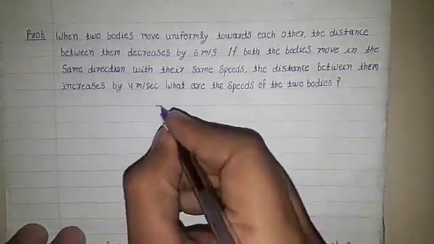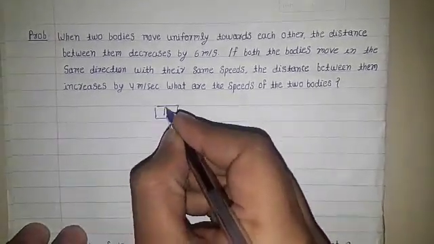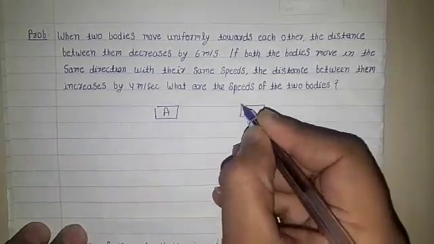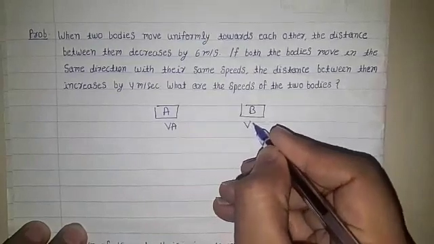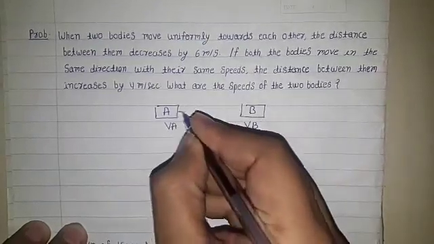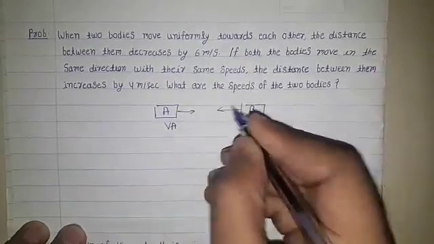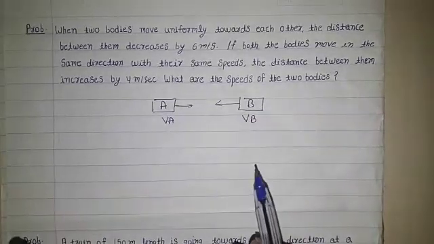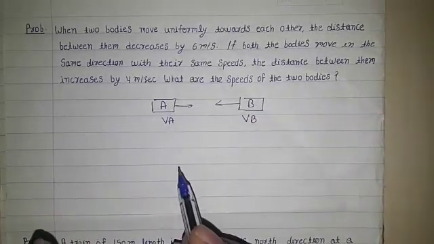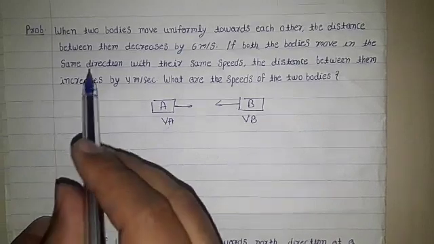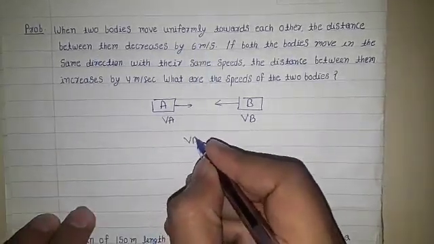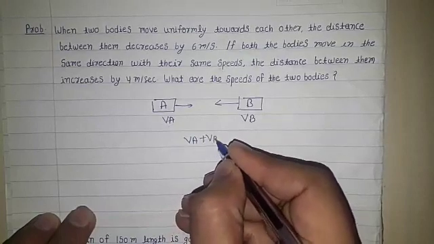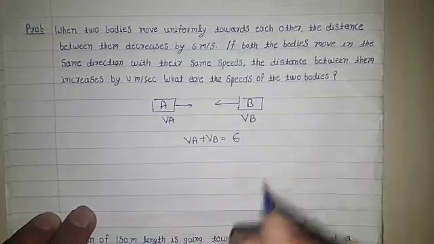Suppose two bodies A and B have velocities VA and VB. When the objects are moving in opposite directions, their velocities are added. So the distance decreases by 6 meters per second. So we can write VA plus VB is equal to 6 meters per second.